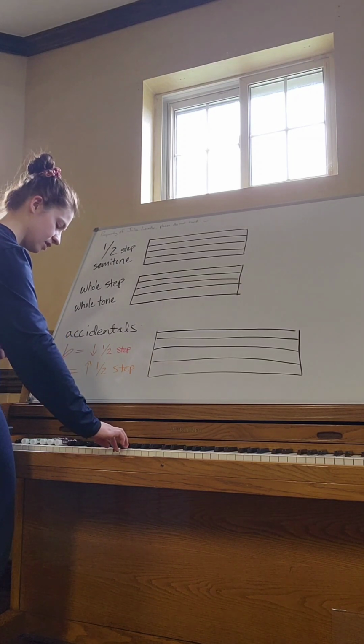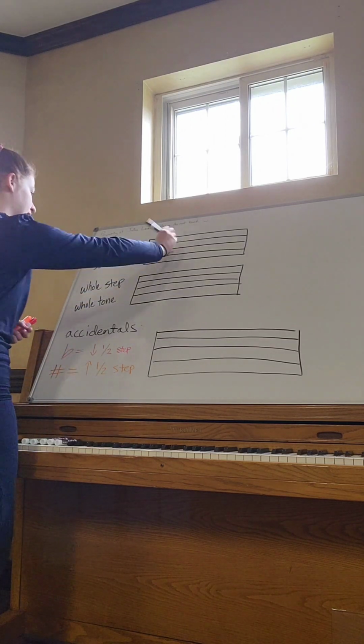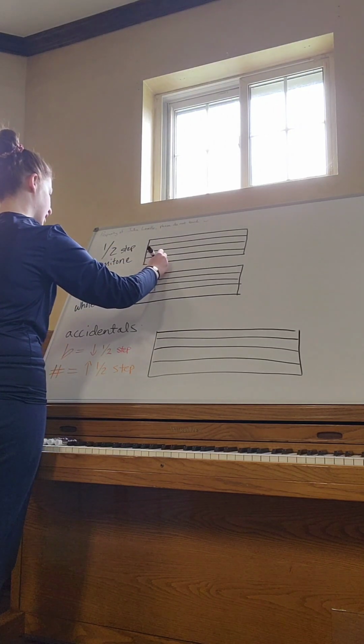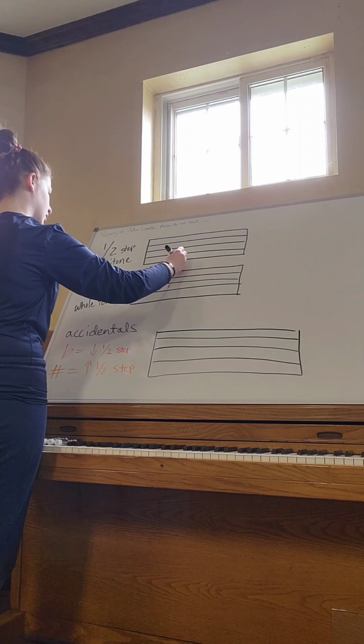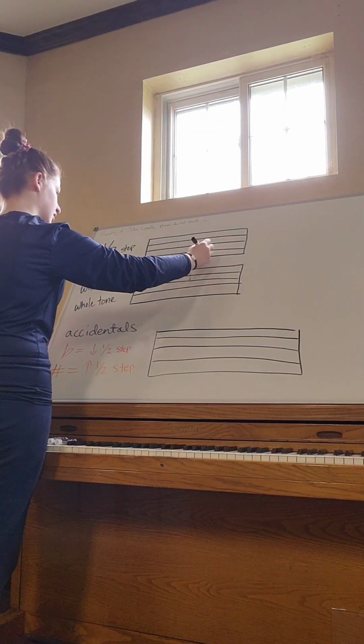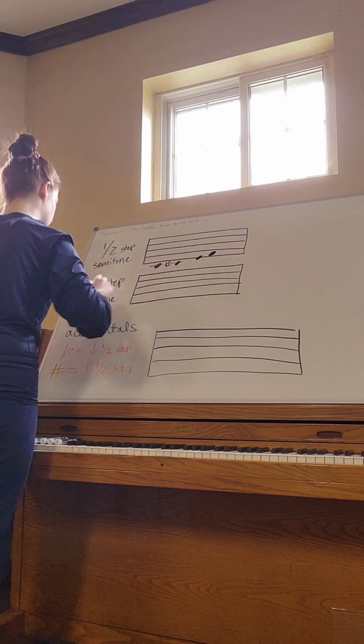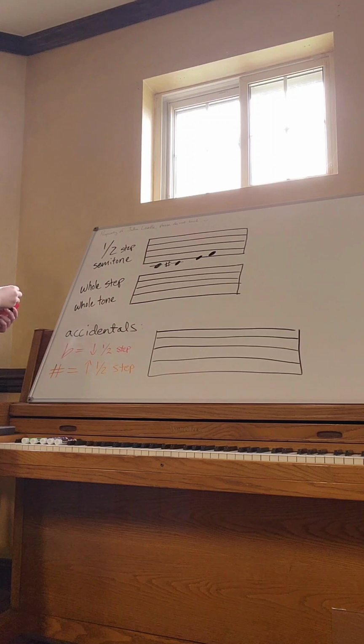Sometimes it's like E to F, white keys. Nevertheless, a half step is just the distance from one key on the keyboard to the next adjacent key, whatever that might be.